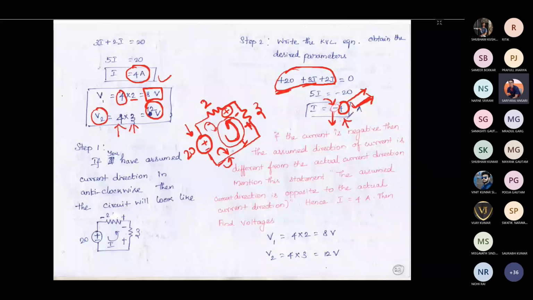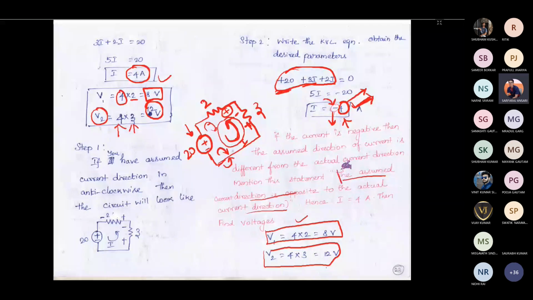In that case, you can just mention that the assumed current direction is opposite to the actual current direction. Then you can find the voltages like we found before. You have to mention that one line. If you have mentioned that line, you can write the voltages like this.